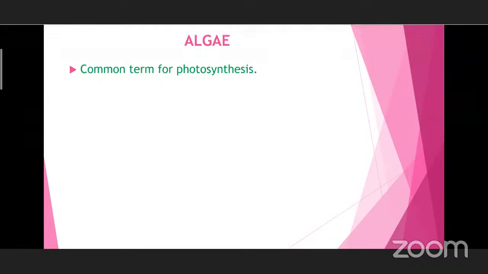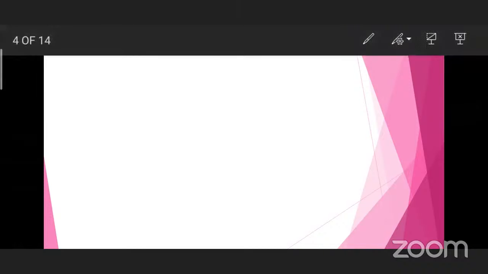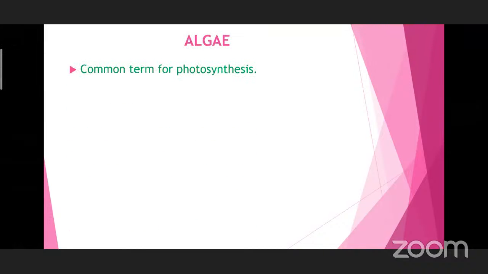This term is given for the organisms or cells which are capable of undertaking photosynthesis. And you can see the monerans, the blue-green algae, cyanobacteria, it is a prokaryotic unicellular organism which undertakes photosynthesis.